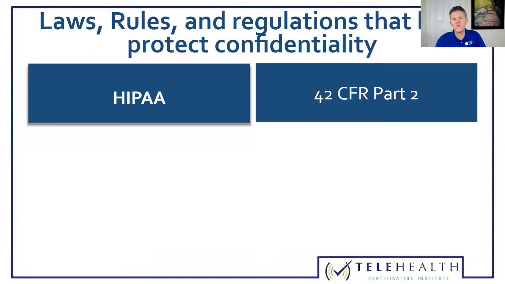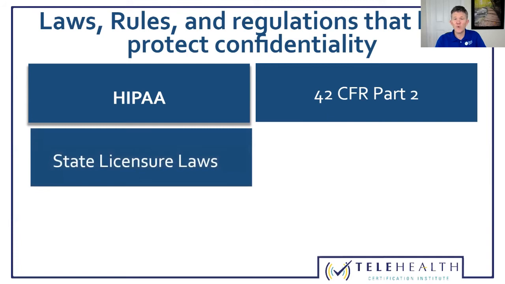Now, HIPAA is actually 45 CFR, it came later, after 42 CFR Part 2. And all of these laws have things to say about when you can disclose information about a client without authorization, when you need authorization, what are the client's rights to their records, et cetera. There's quite a bit to it. And what the consent forms have to look like and how do you secure all this documentation. So it's good to have a good understanding of these things.